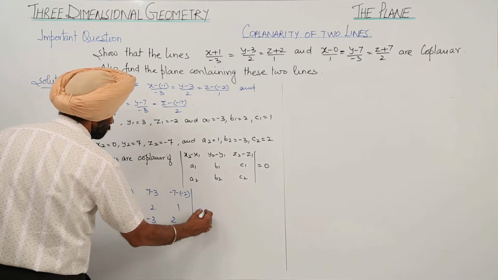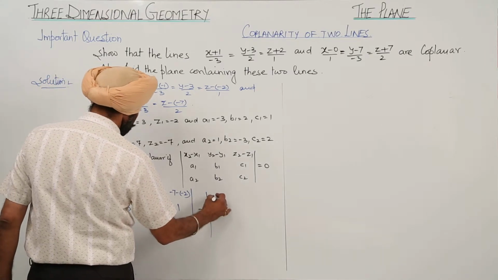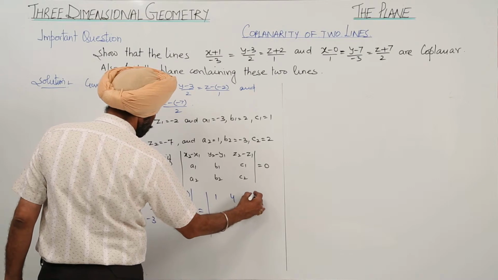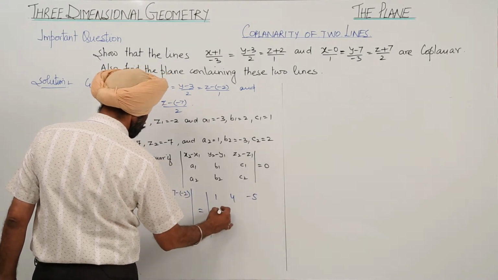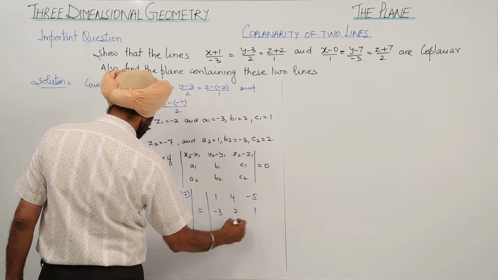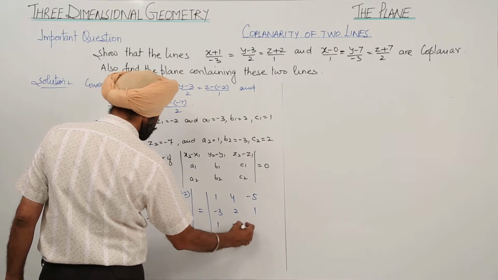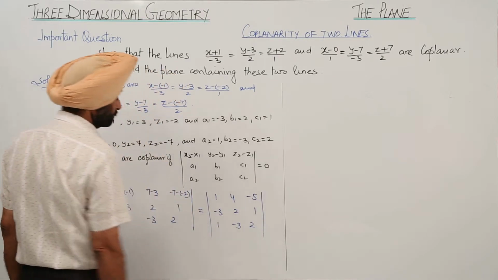Now this is equal to the determinant with rows 1 4 minus 5, minus 3 2 1, and 1 minus 3 2.